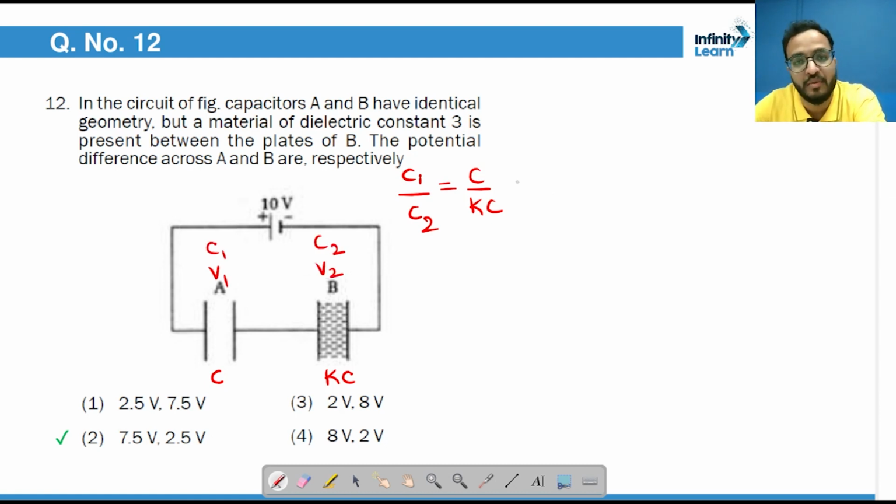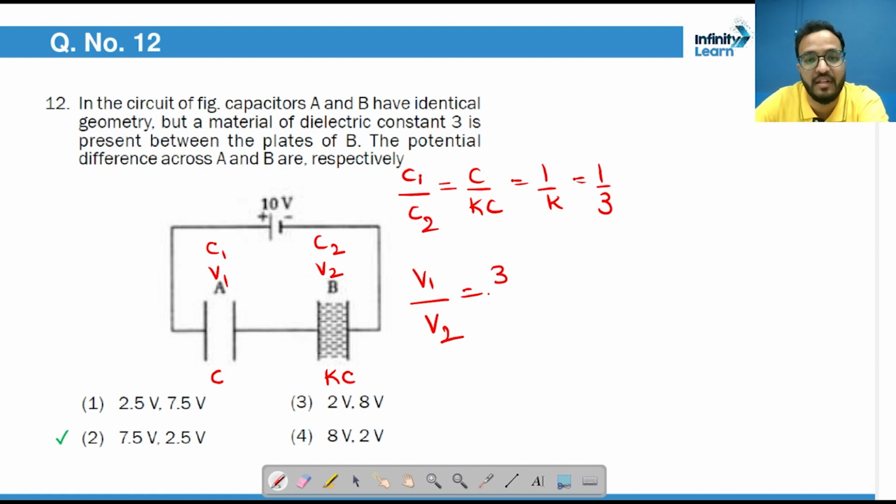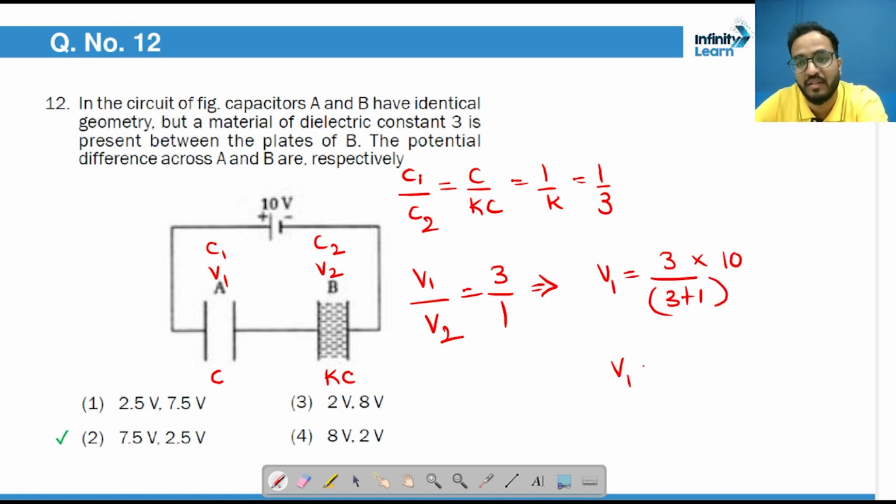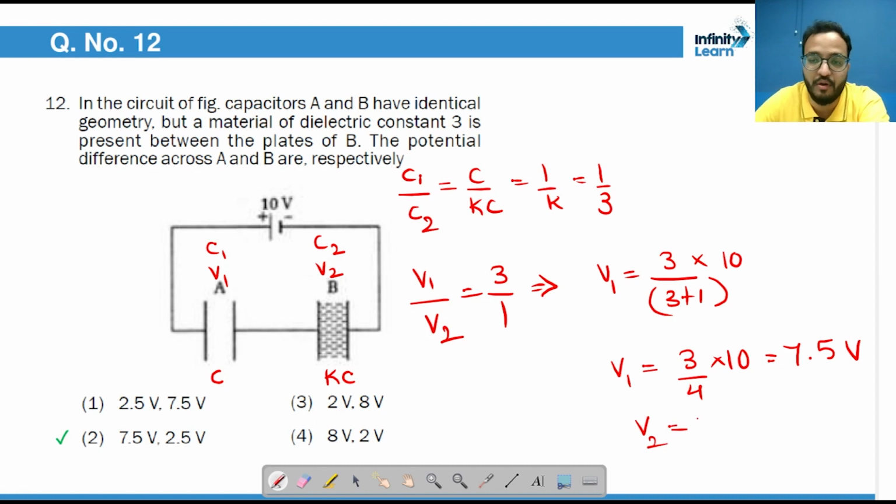So it is 1 upon K, which is 1 upon 3. So what is V1 by V2? You will say that 3 is to 1. So what is V1? 3 upon 3 plus 1 into 10 volts. So V1 is 3 by 4 into 10, that is 7.5 volts. So what is V2? Automatically 2.5 volts. Isn't it wonderful? This method is useful or not? So you can go with this option.